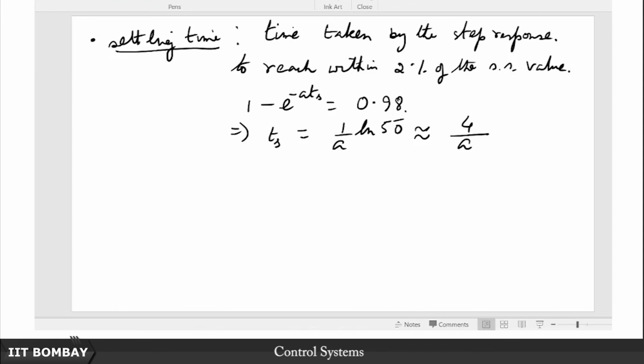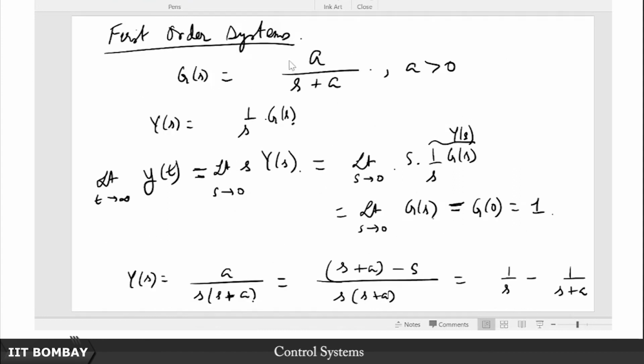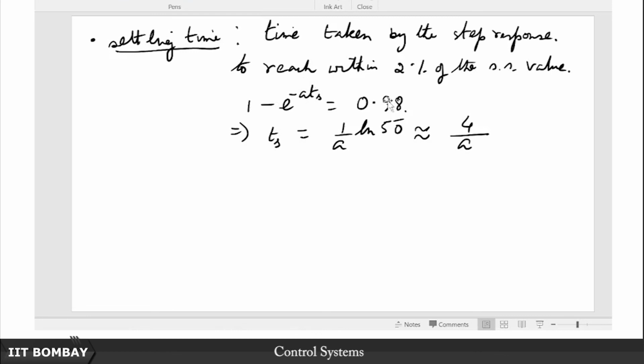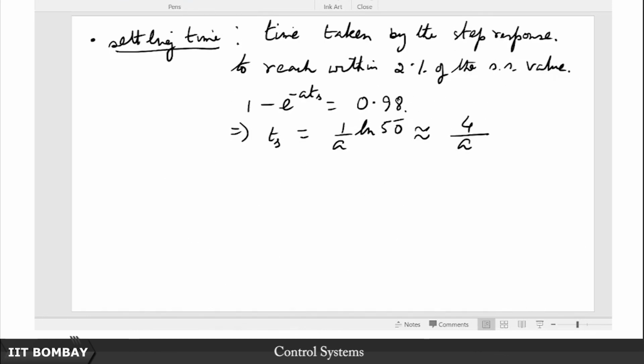Fortunately, a first order system only has one parameter to play around with, which is the a, because the gain, as we've seen, if we make this k times a, it doesn't really affect the response much. So every performance metric will be governed solely by a. If you want your response to be faster from the perspective of settling time, rise time, or time constant, you better make your a as large as possible.